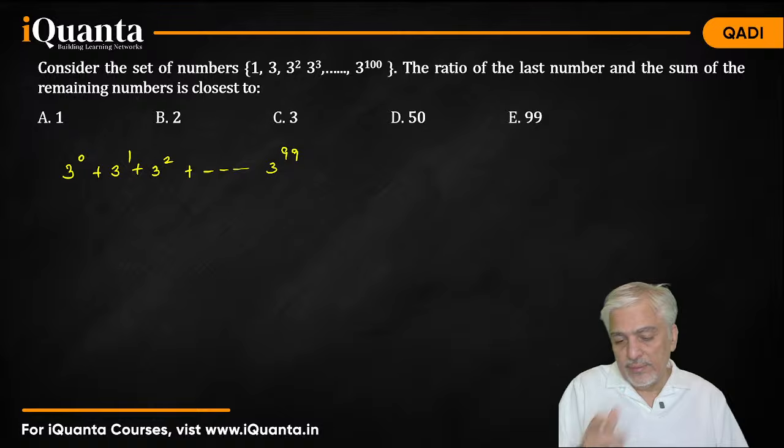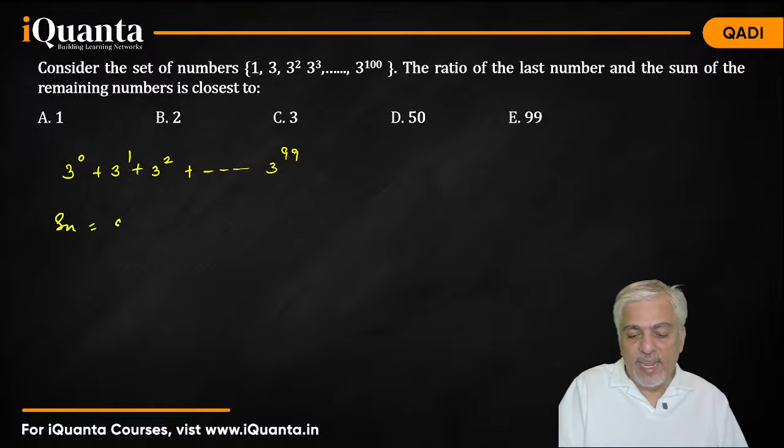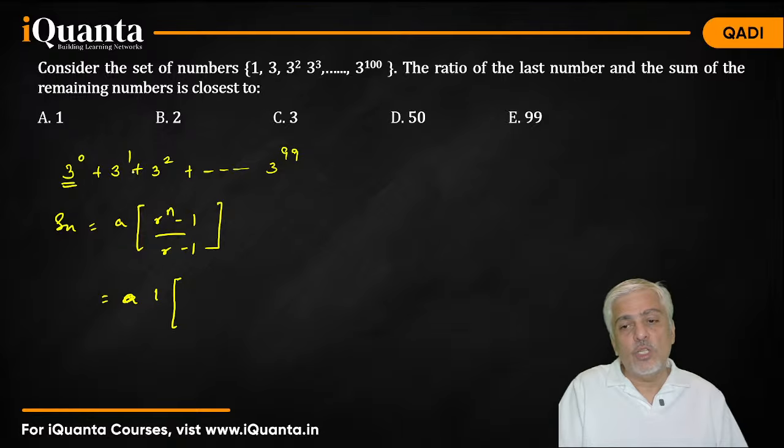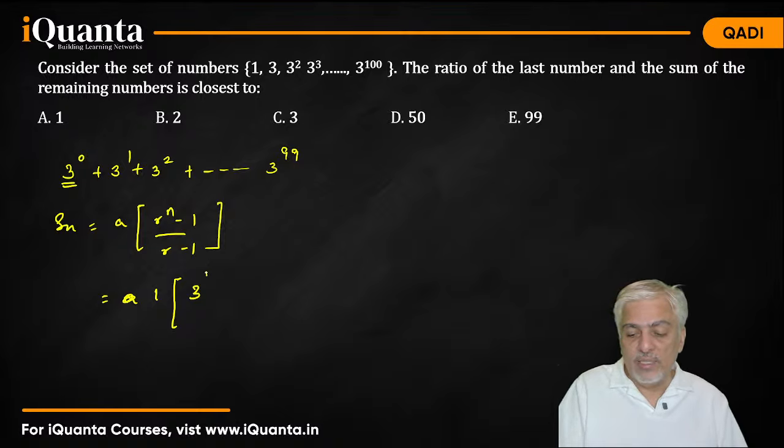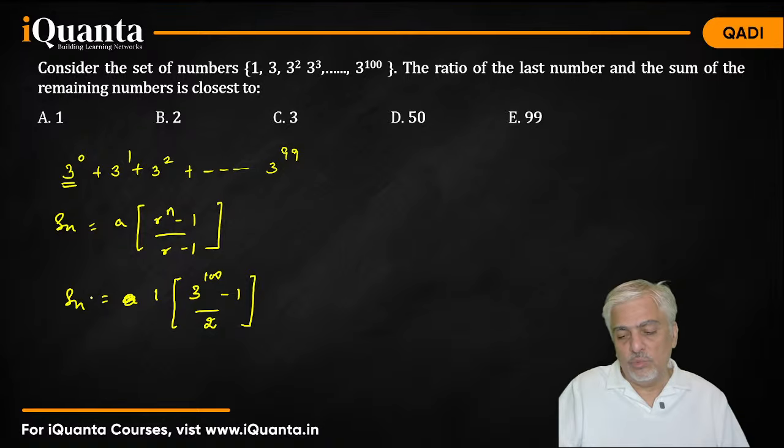Sn formula: Sn is a into r raised to n minus 1 upon r minus 1. So a is 1, 3 raised to 0 is 1, and r is also 3. There are 100 terms over here if you notice this very carefully. So 3 raised to 100 minus 1 upon 2. This is the answer for Sn, for up till 3 raised to 99.